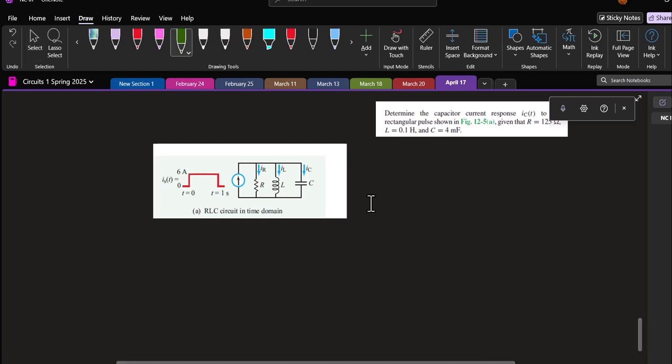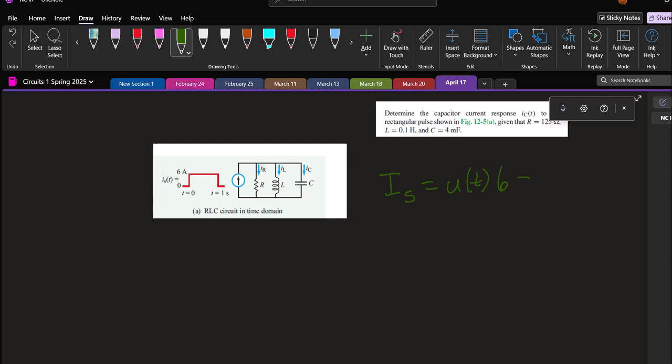Okay. So the first thing I want to do is rewrite this current source as a function. And so it would be the unit step function times 6, because that gets me, it's 0 until I get to 0, and then it becomes 6.